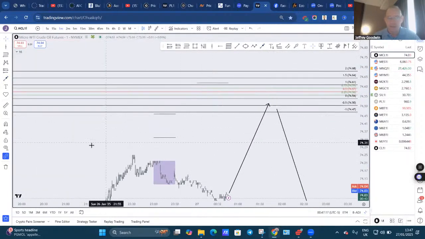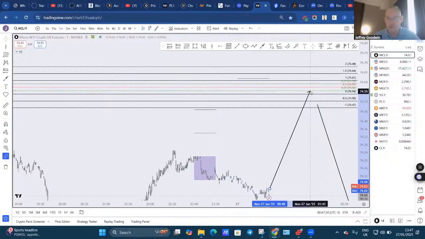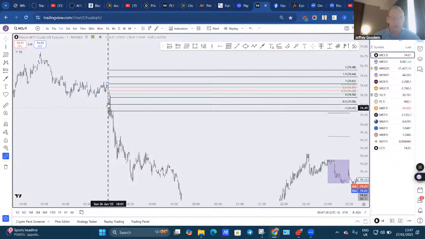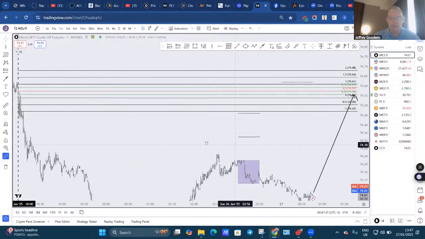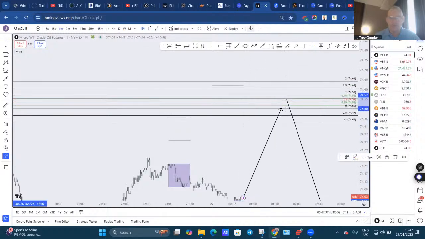Come back to here. We'll deal with that later, ladies and gentlemen, when we look at this area here, perhaps. Oh, missed that gap there.